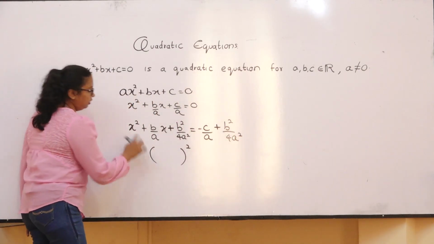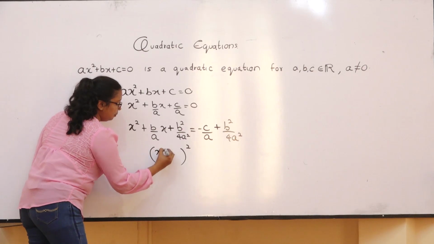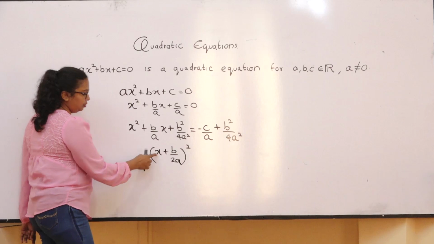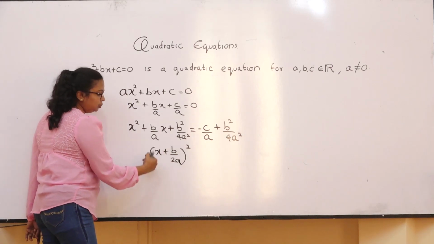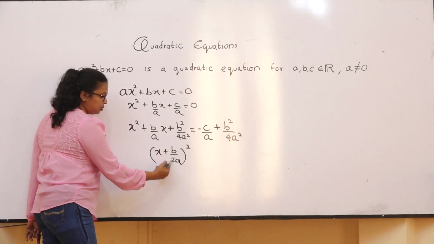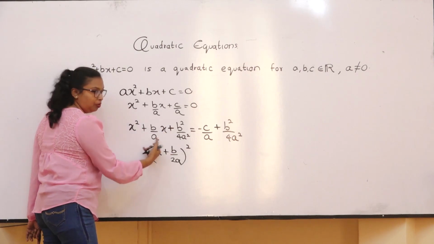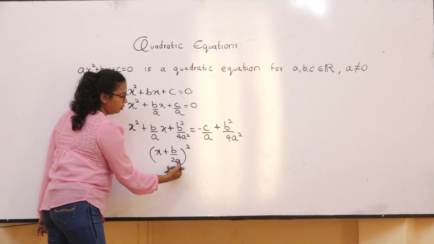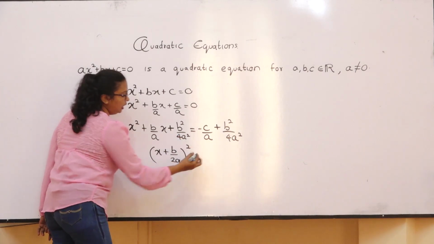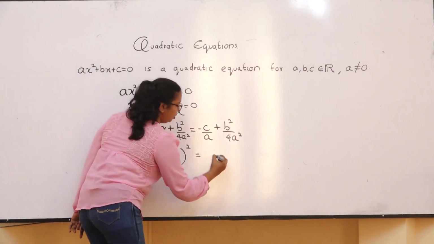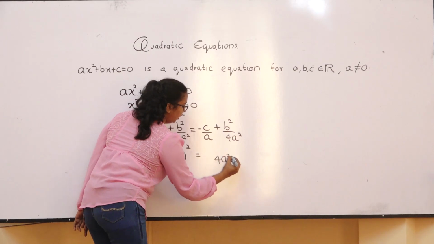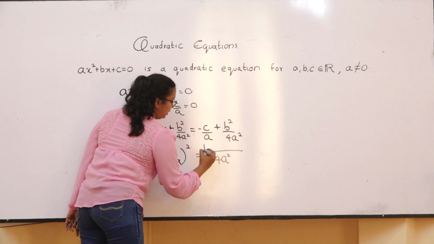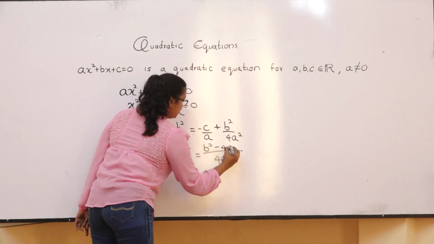Now this side is x plus b over 2a, whole squared. From the binomial expansion, x squared plus 2 times b over 2a times x, which forms b over a x, and then b squared over 4a squared. That is equal to, with the common denominator 4a squared, b squared minus 4ac.